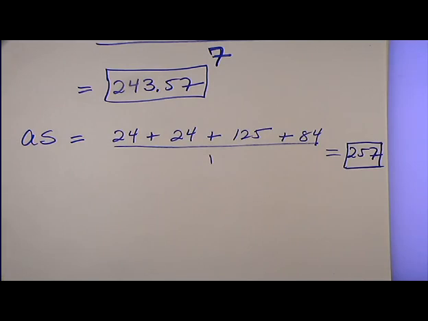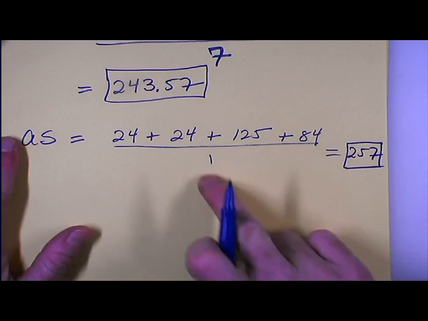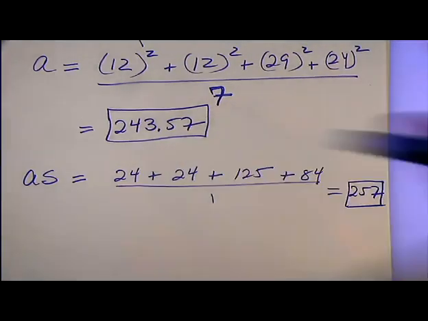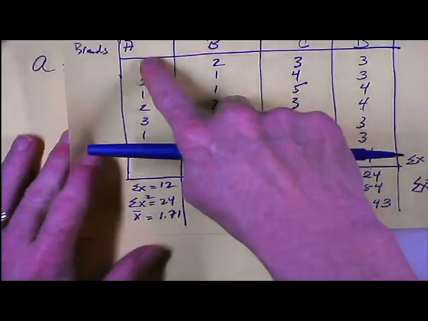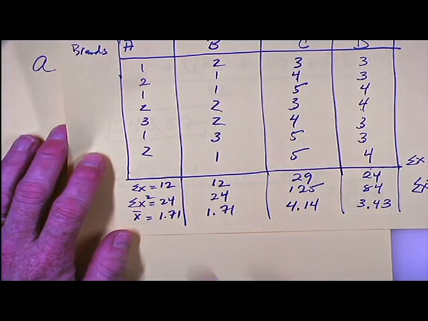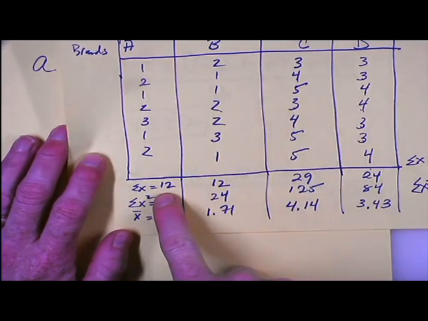Where does the 1 come from? Here, this 7 comes from adding up these and then squaring it. So we add up 12 and square it. What it took to make that 12 was 7 numbers.